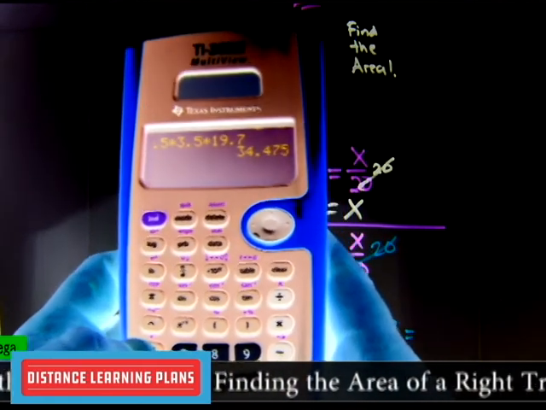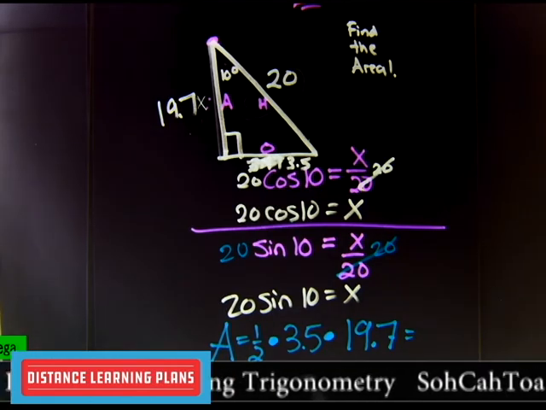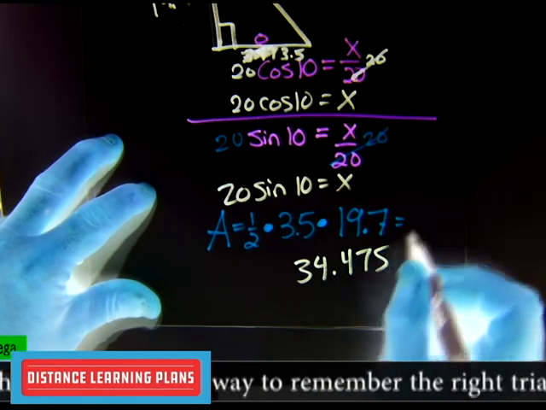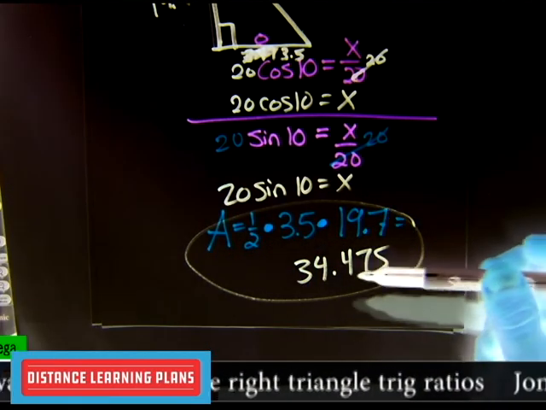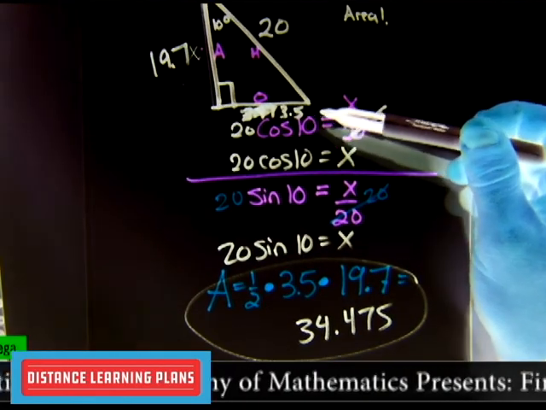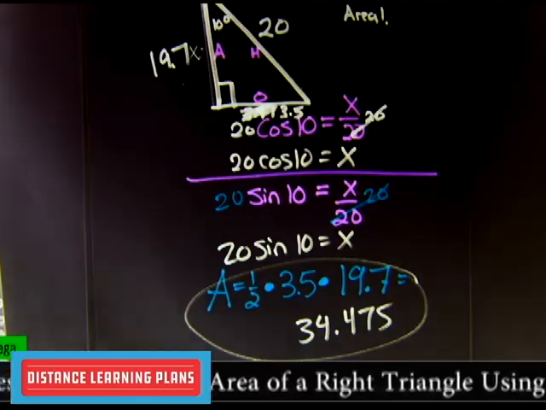And you get 34.475. If for some reason your answer is not close enough, go back and don't round this to 3.5. Keep it at like 3.47 or something. That'll get you a little bit more of an accurate answer.